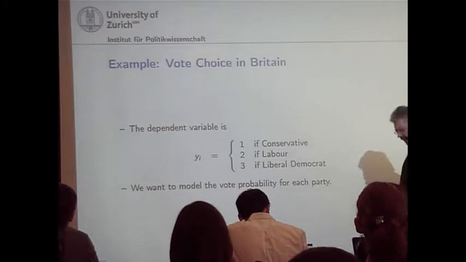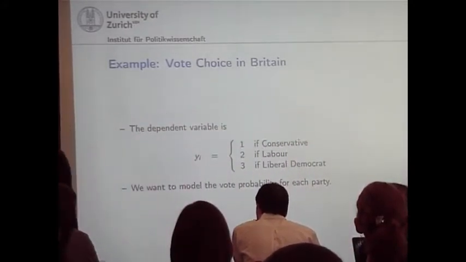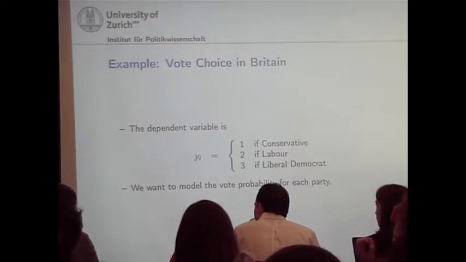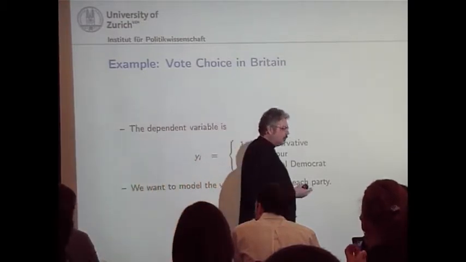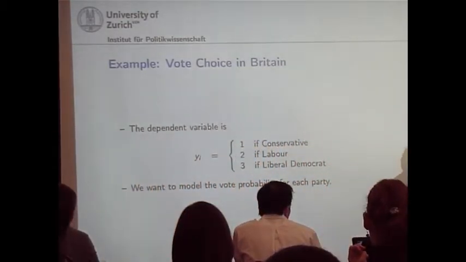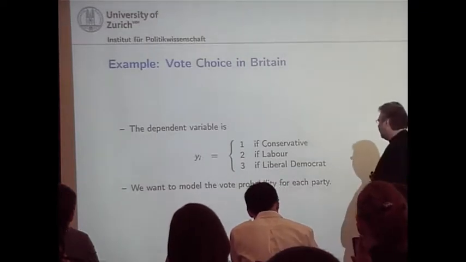To give you a simple example, imagine we consider vote choice in Britain, not just whether you voted for Labour or another party, but vote choice between Conservatives, Labour, and Liberal Democrats. Of course, you could extend that to other parties, but the general ideas will remain the same, so I'm going to stick with this.